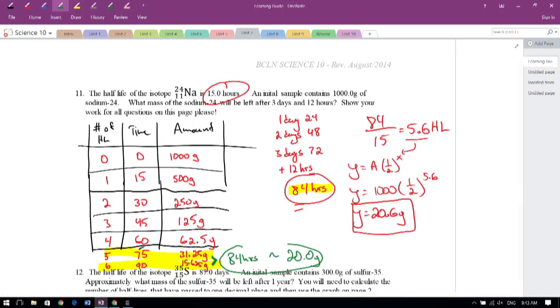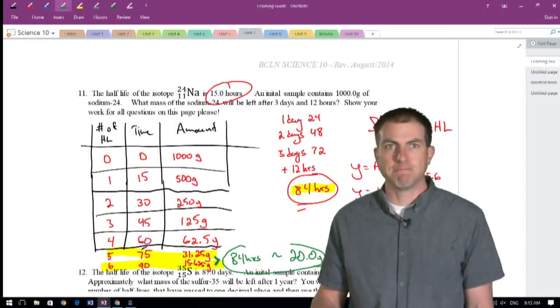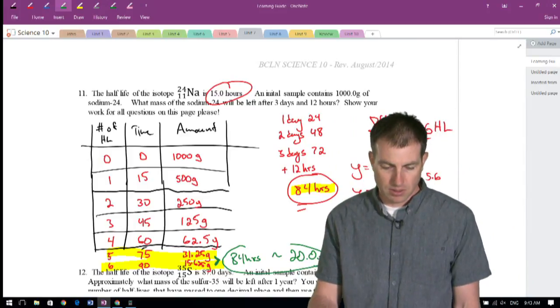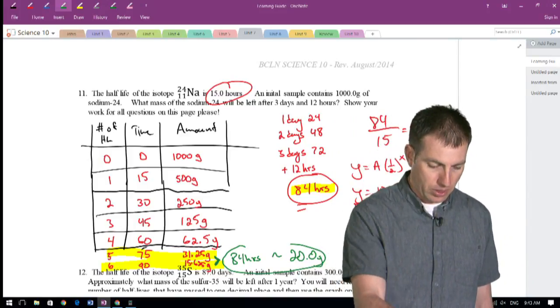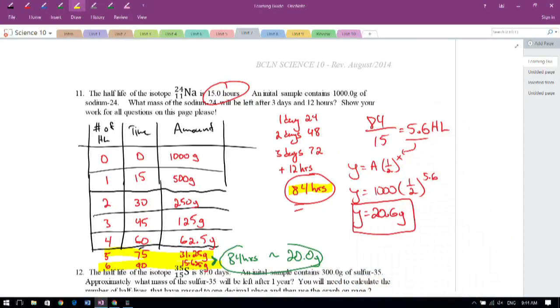Okay, so assuming that you remember a formula, here is your formula. And again, I don't know why the learning guide does this. In the provincial exam and the questions you deal with on your final exam, they're all going to work out nice and round, and you don't have to worry about estimating.